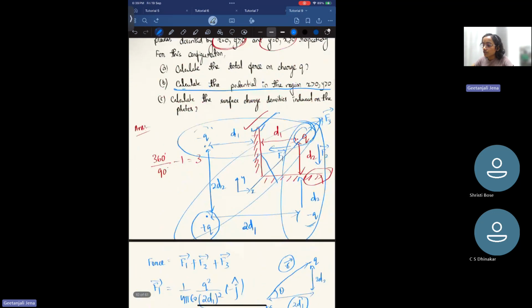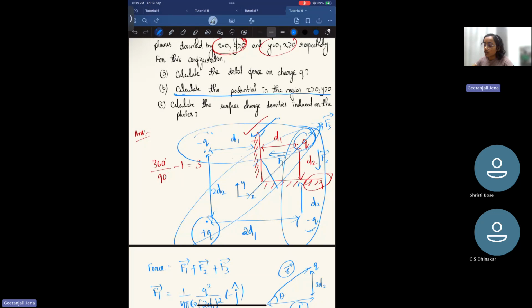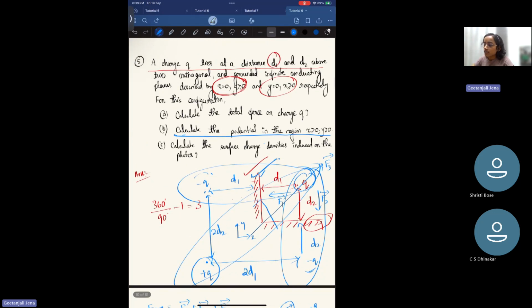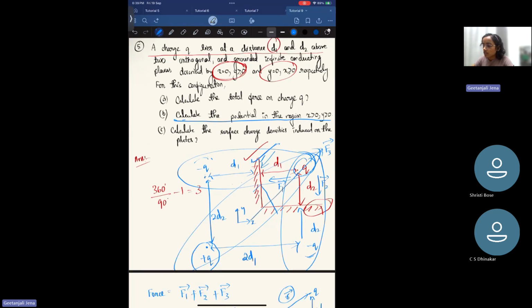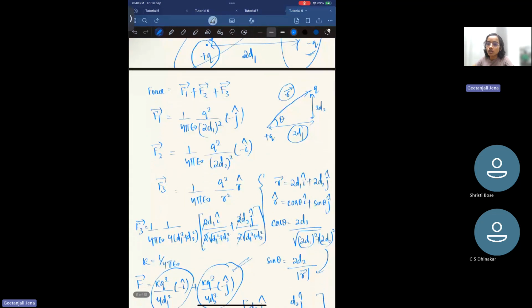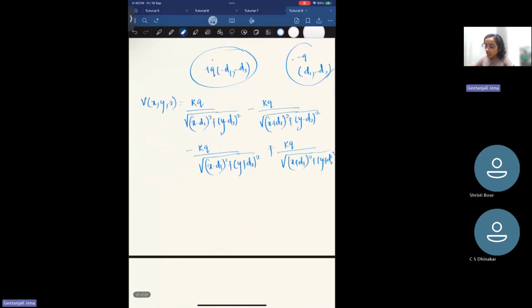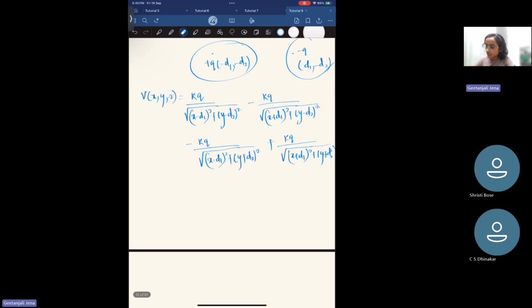Because here, if you see the figure, you have two grounded conducting planes. So that means there will be induced charge here and there will be induced charge here. So there will be two surface charge densities that you need to calculate. Let us calculate for the conducting plane where x is 0 and y greater than 0. That means this perpendicular plane.